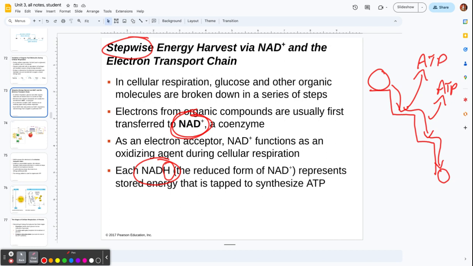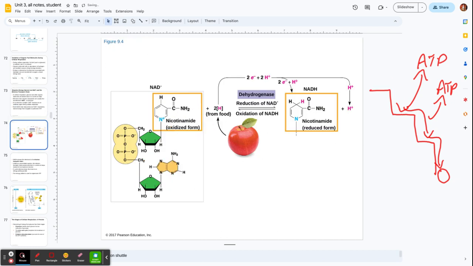I think this next picture shows you that graphic. It shows you what NAD plus looks like. You don't need to know what NAD plus looks like.